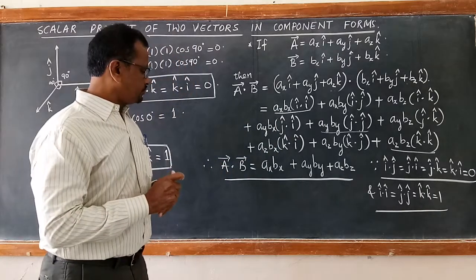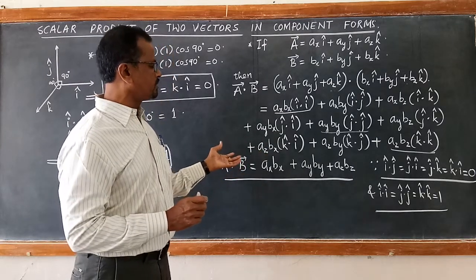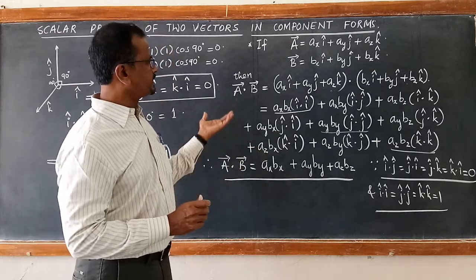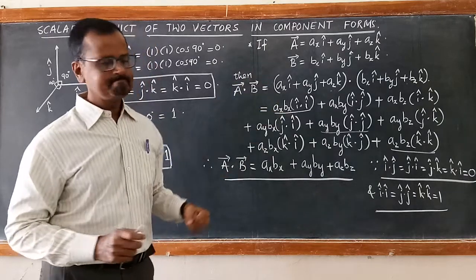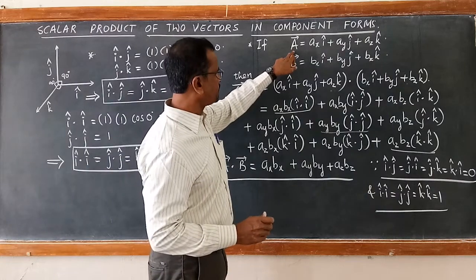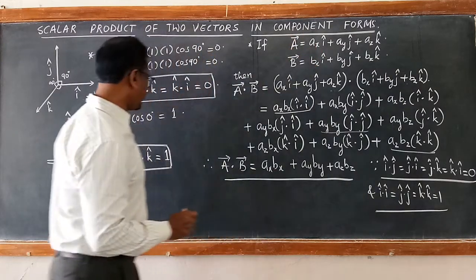Based on this, I can also find one more important property. If you take the dot product of a vector with the same vector, suppose I take vector A dot vector A, what do we get?